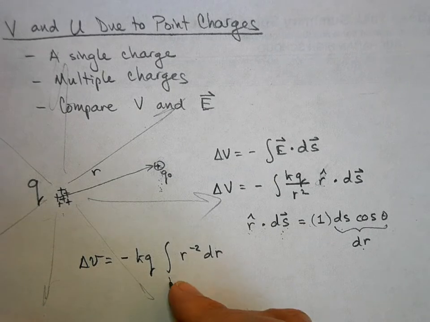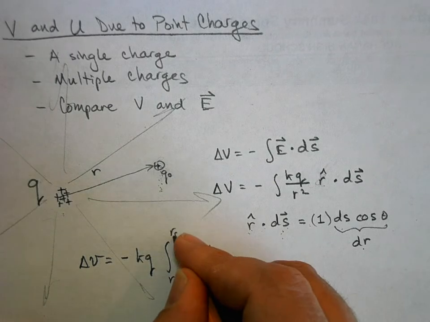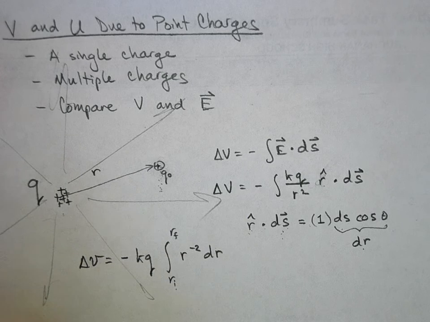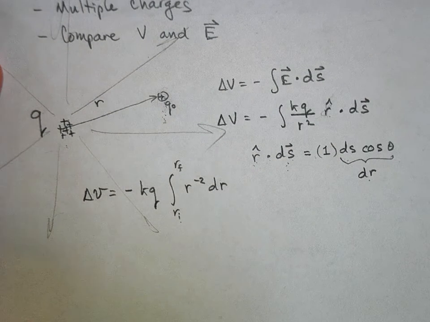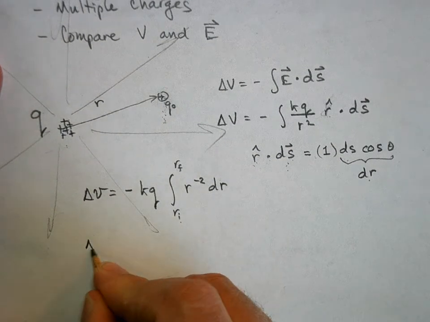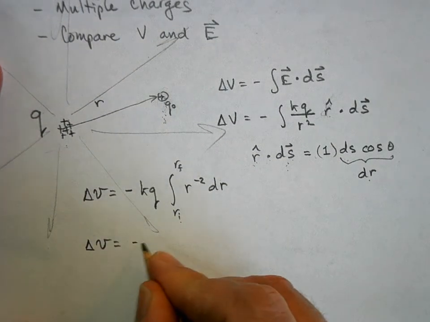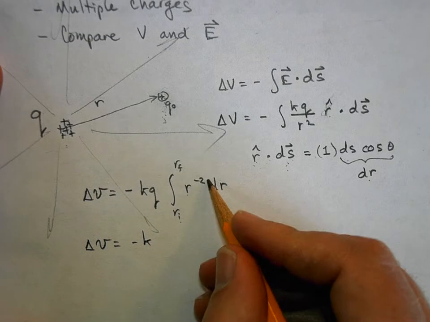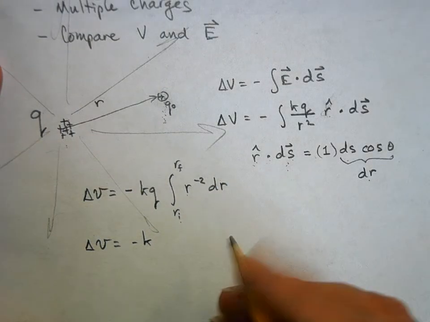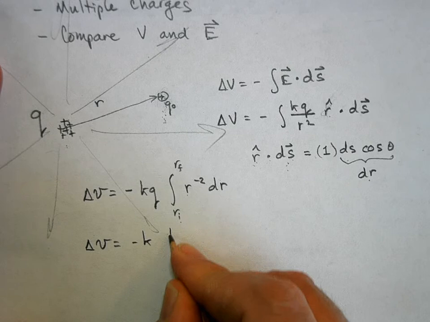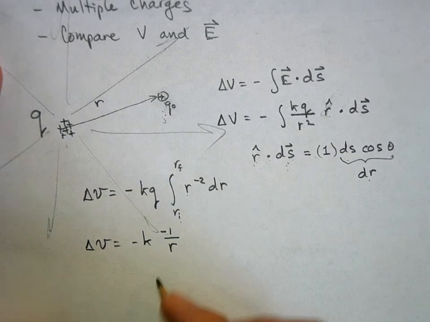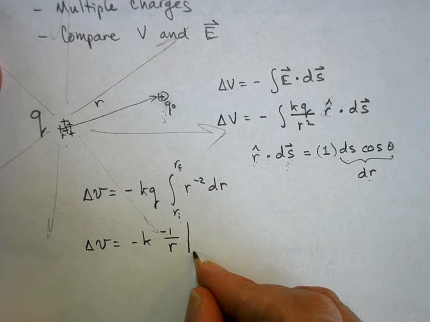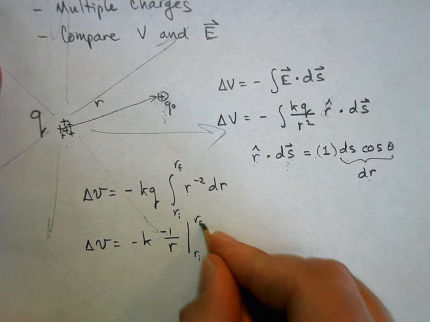We can just go r initial to r final, from point A to point B. And when we evaluate this integral, we get delta V is equal to negative k. So you use the power rule on here, and you get 1 over r, that's r to the negative 1, but we need a negative in there, and we're going to evaluate it from r initial to r final.